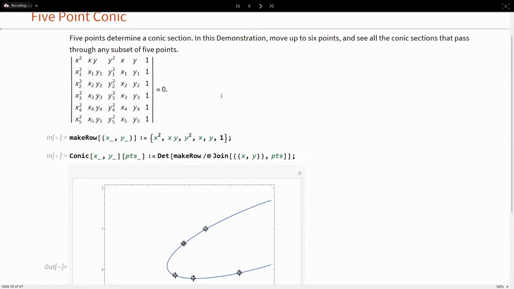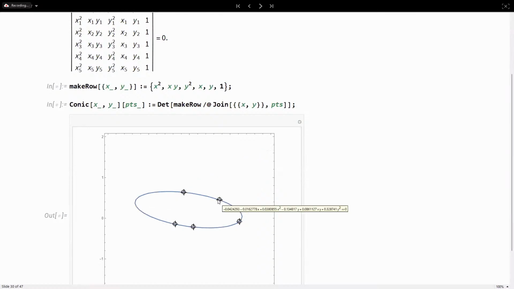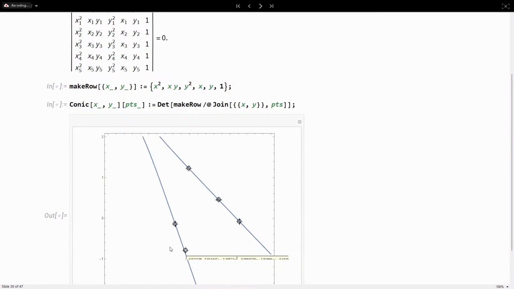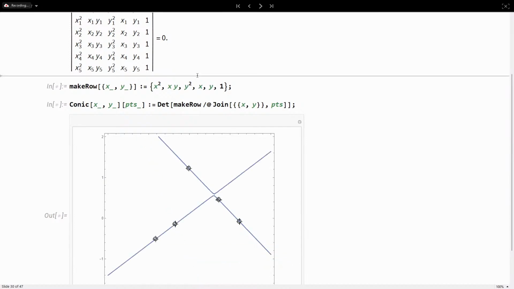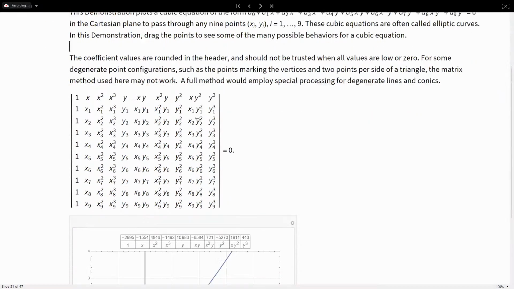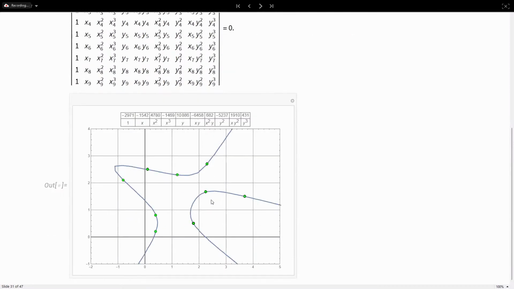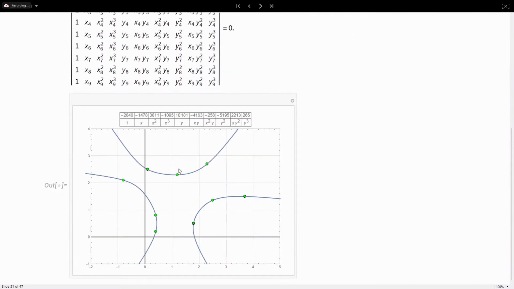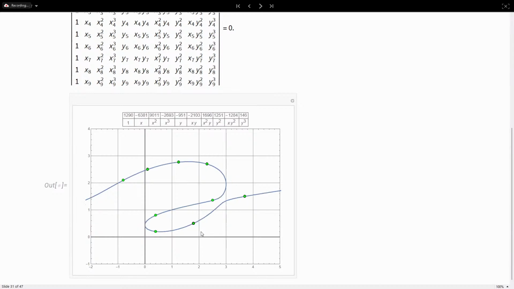If we just build this matrix, we get the equation going through those 5 points. We just basically build the matrix and we get the object that is involved. The 9-point cubic is the same. We just build a more complicated matrix and we automatically get the cubic formula that goes through those points.